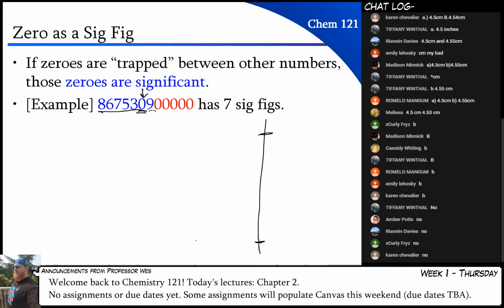What that means is that this mark would be 8, 6, 7, 5, 3, 0, 0, 0, 0, 0, 0. And this one would be 8, 6, 7, 5, 3, 1, 0, 0, 0, 0, 0, 0.